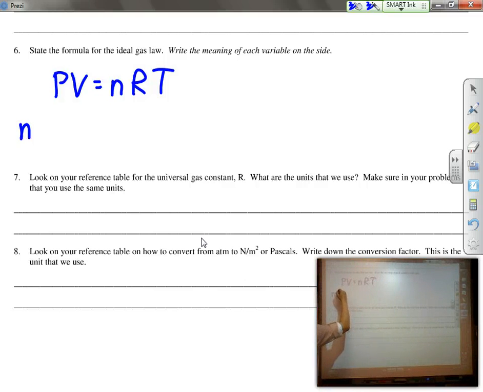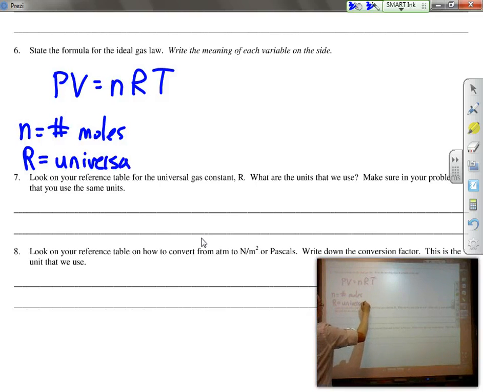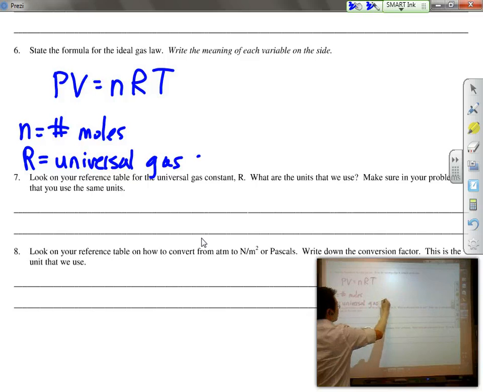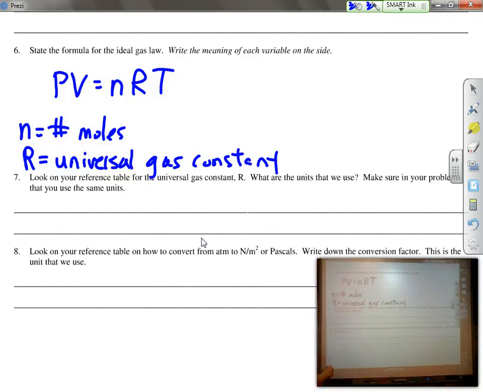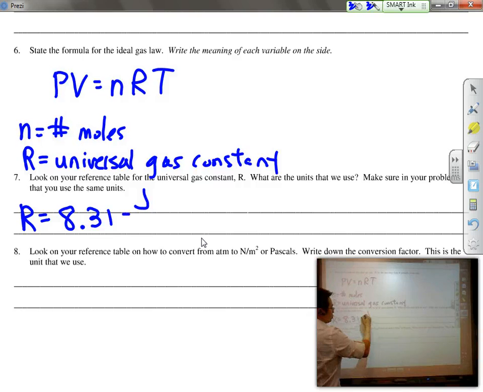N is the number of moles of the gas. R is the universal gas constant. And R is always going to be on your reference table as 8.31 joules per mole Kelvin.